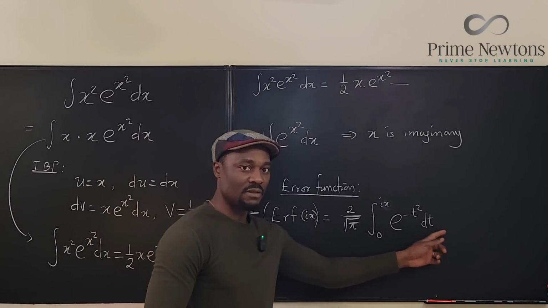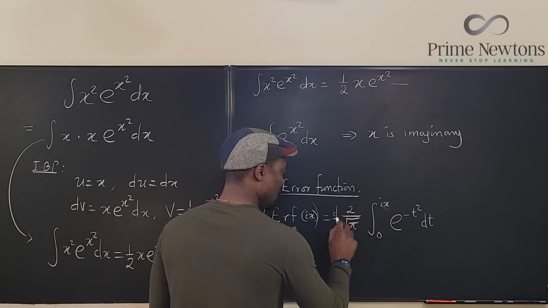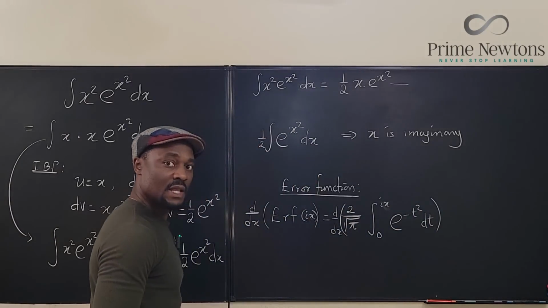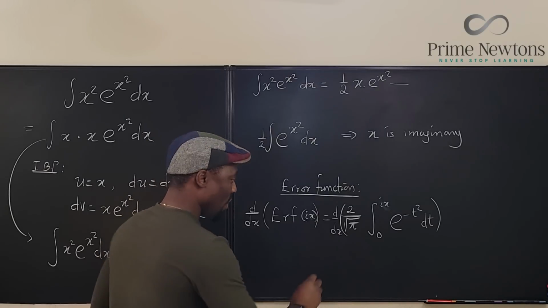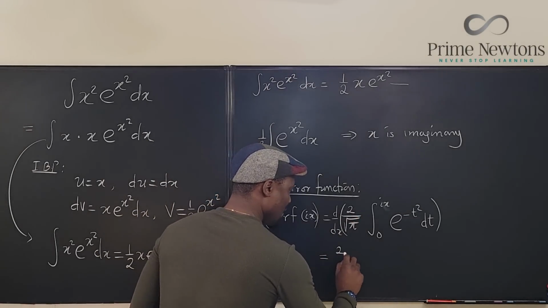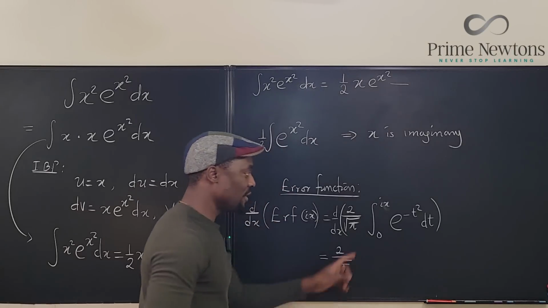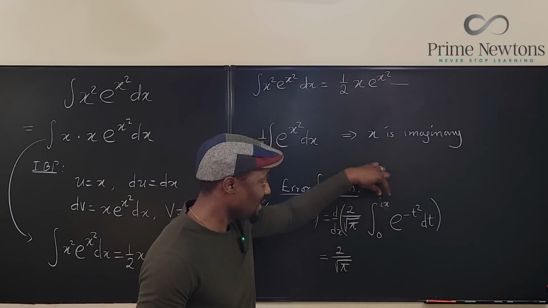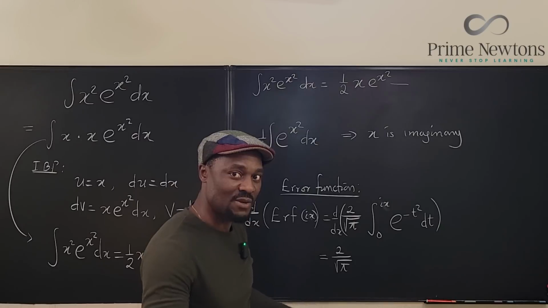Okay, so if I take the derivative of this, d/dx of this error function will be the derivative of this side also. I'm going to let this be and just work on this side. What I'm going to end up having is, because this is a constant, it stays 2 over the square root of pi. But when you differentiate an integral, what you do by FTC 1 and 2 is you use this ix to replace t, and see what happens.